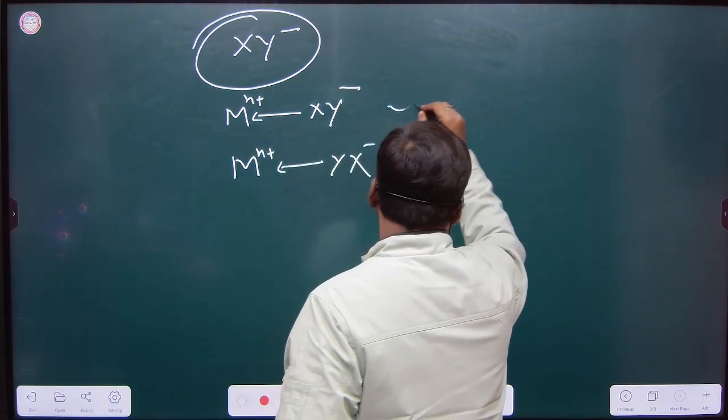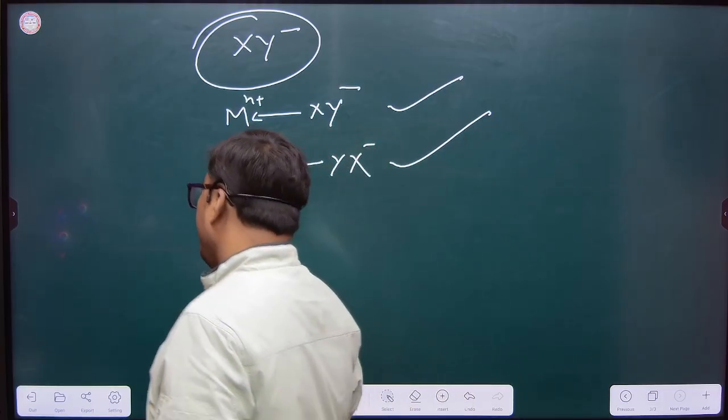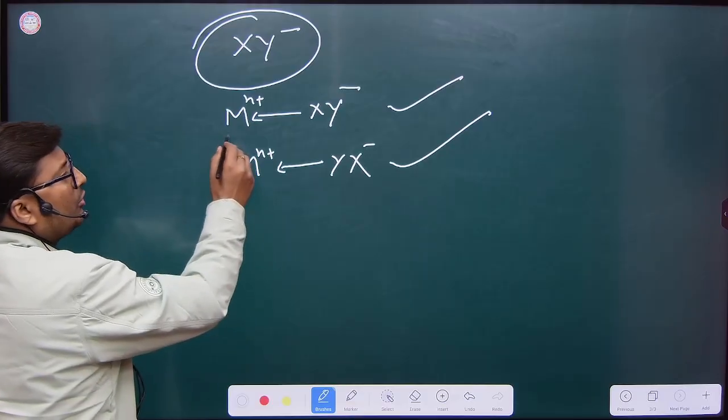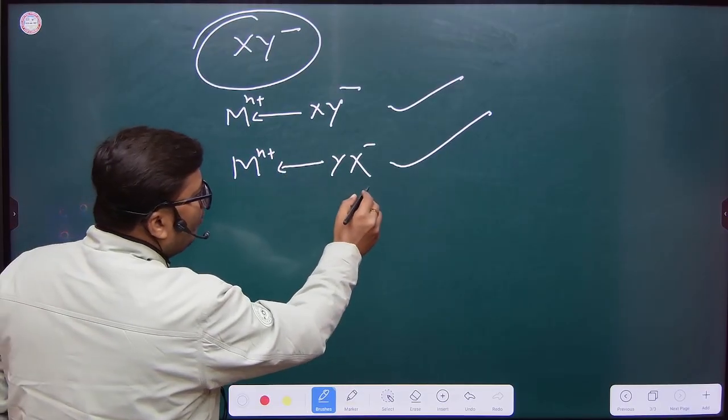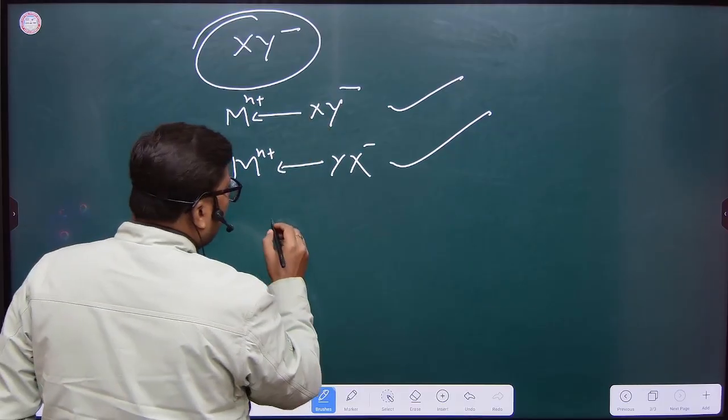So it has different color, but ultimately the chemical composition of the complex is same. So this is also MXY and this is also MYX. Chemical compositions are the same, right?